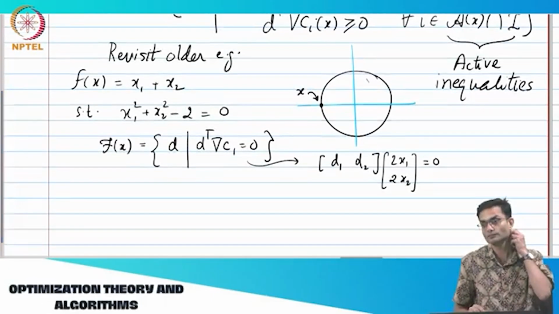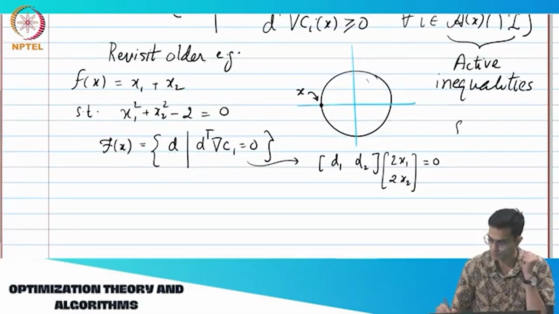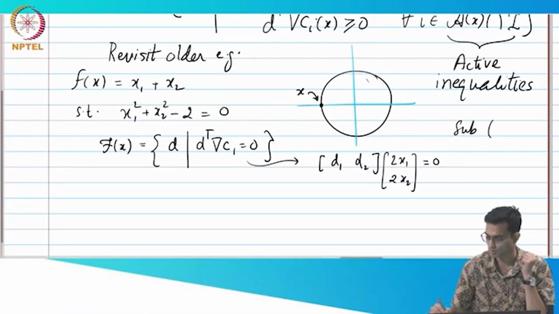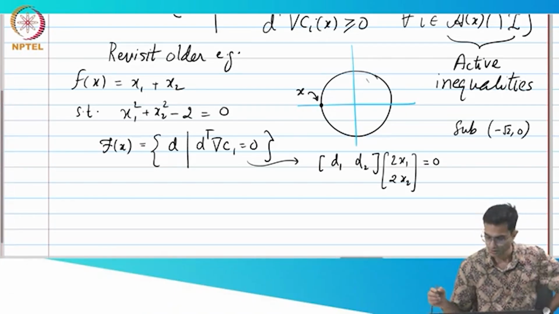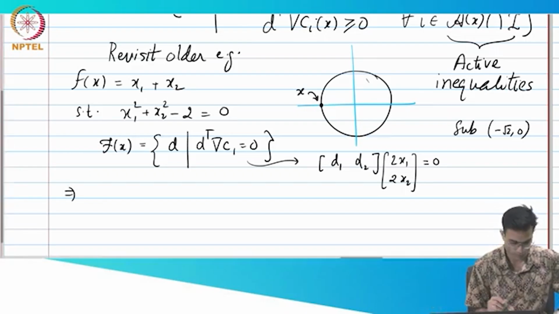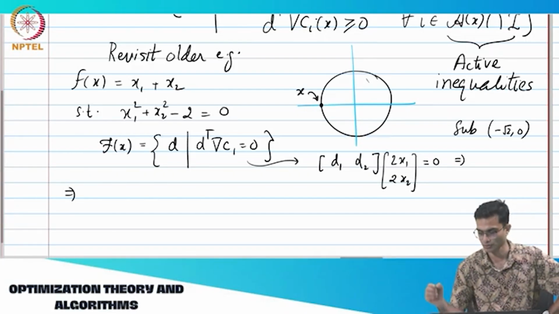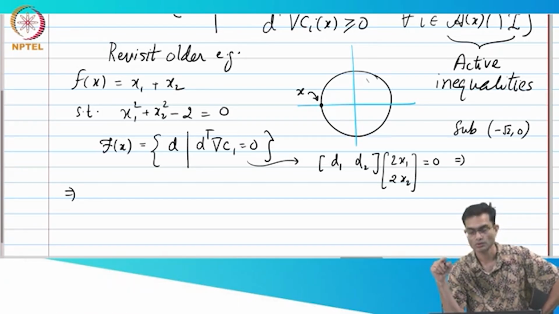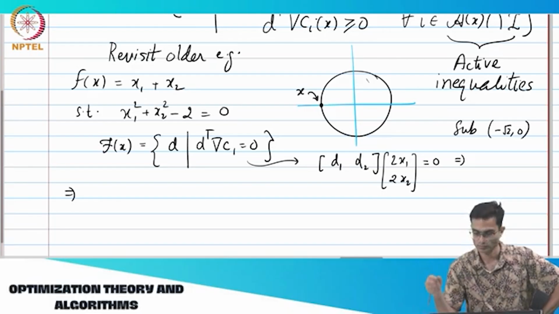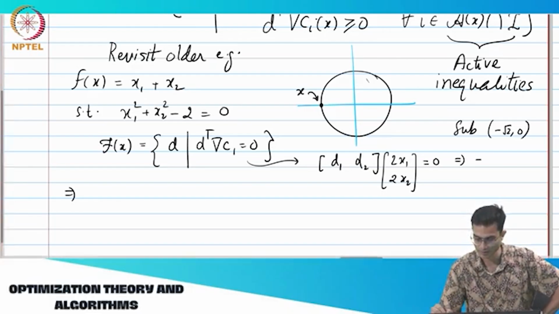Right? So now what do I do? Substitute. What is this point? Minus root 2 comma 0. So if I substitute, x1 is minus root 2, so d1 times minus 2 root 2 plus d2 times 0 equal to 0. This gives me minus 2 root 2 d1 equal to 0.